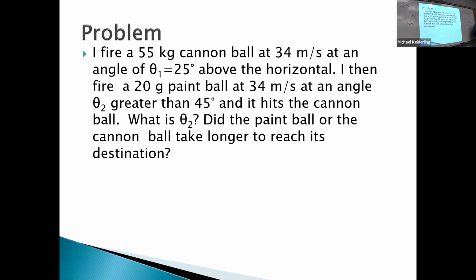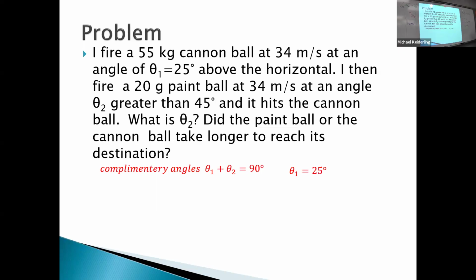So the unnecessary information is the masses of the balls. Don't need that. What you know is you have two projectiles that are at two different angles and are reaching the same place with the same starting speed. That means the angles need to be complementary. So the two angles, theta 1 and theta 2, have to add to 90 degrees.